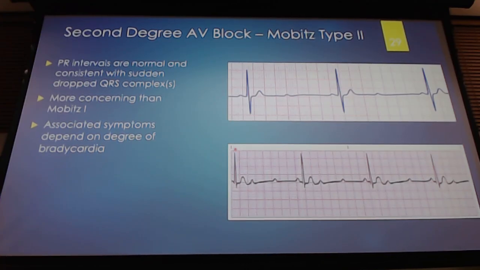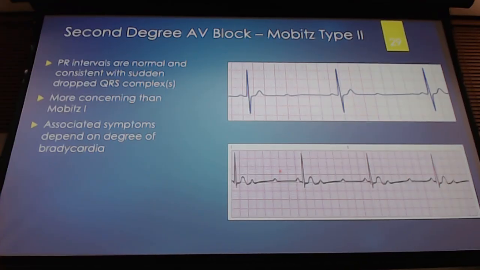So this bottom one, we have our QRS, T, and then we have a P. We have another P, and we don't have any QRSs associated with that. Okay? P, QRS, P, P, P, QRS. So we have multiple P waves, multiple dropped QRS complexes that is associated with this Mobitz type 2.